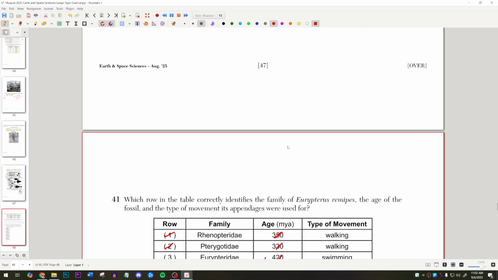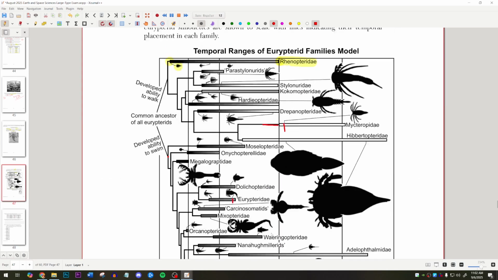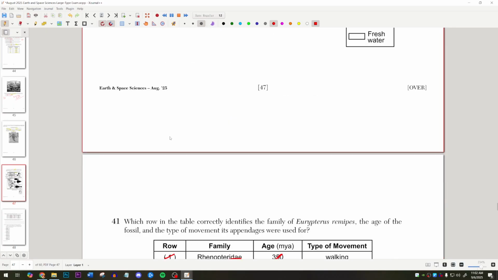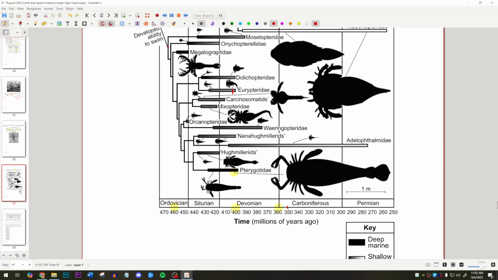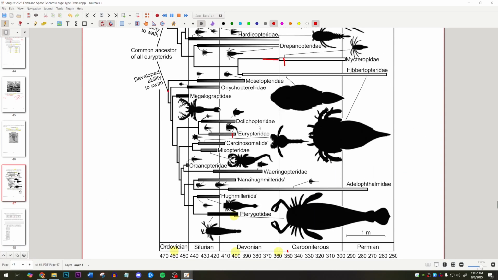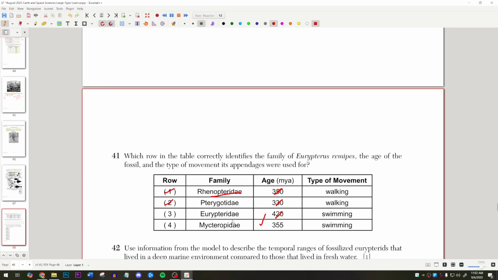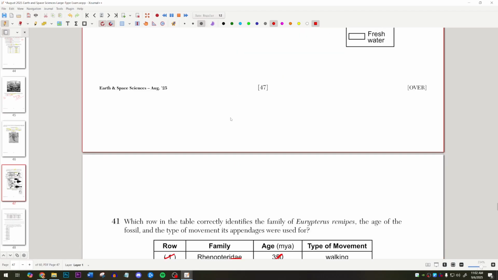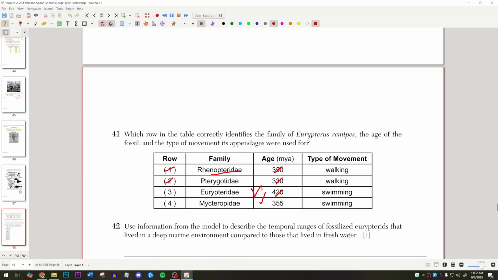So let's go redo this. The Rhenopterid, is that 350 if we go to the exact spot? If it's right there? No. Is Pterygotid 330? No. Is Eurypterid 420? No. Oh wait, it's right here. Is that swimming? I think this is it.